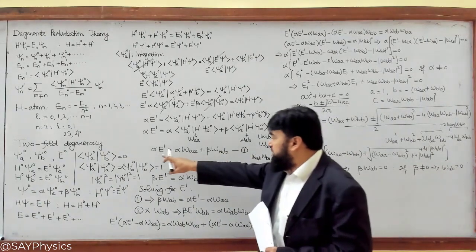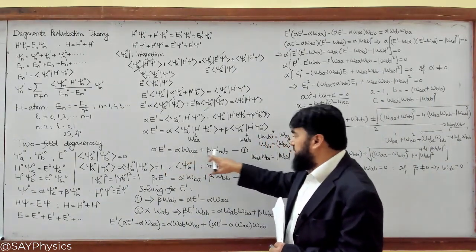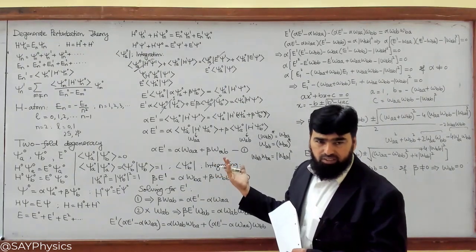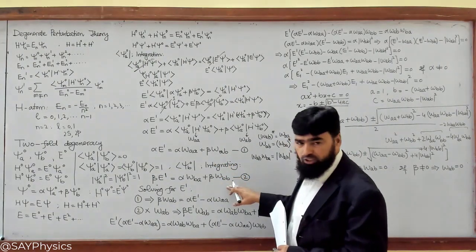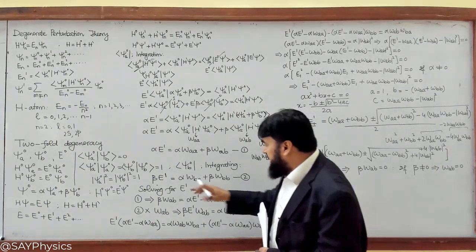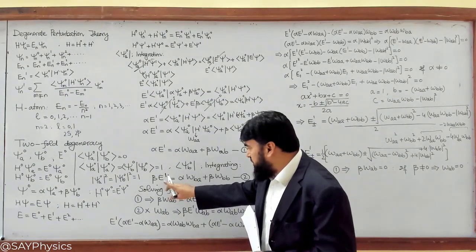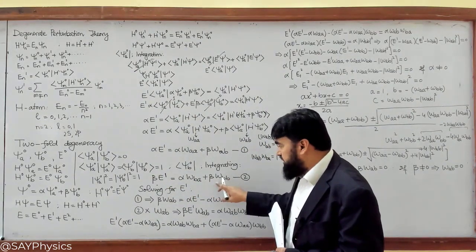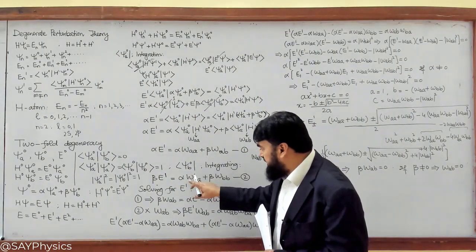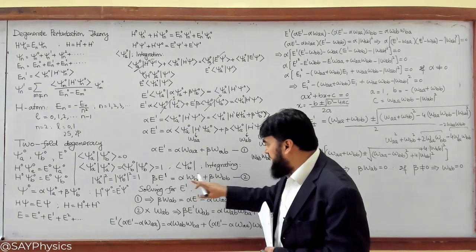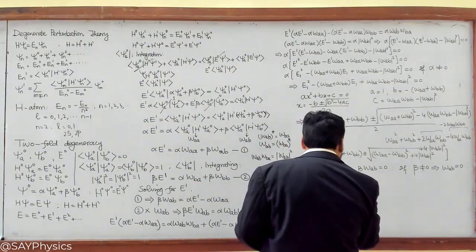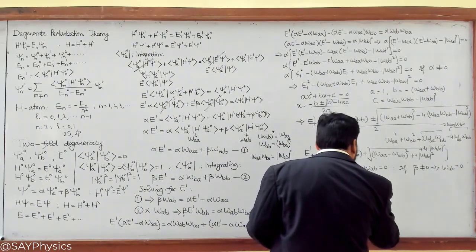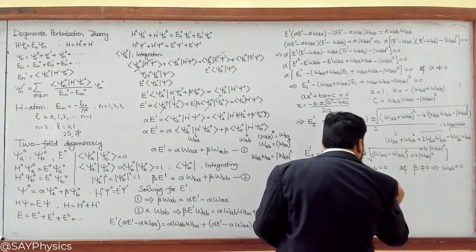When you say this is 0 and this is 0, that is meaningless, right? So we will go to the next equation. And here when beta is equal to 0, this term is 0. What about this term? Equation 2 tells us that alpha WBA is equal to 0.